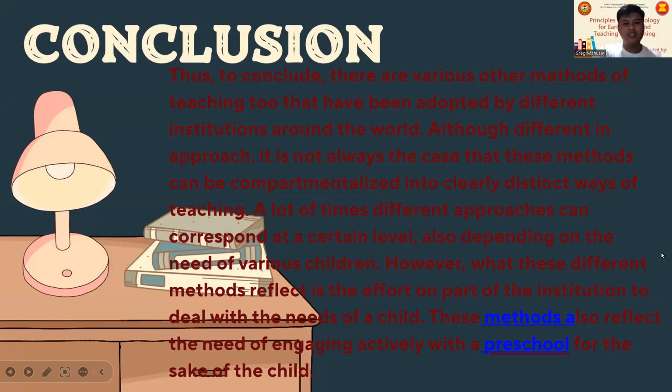A lot of times, different approaches can correspond at a certain level, also depending on the needs of various children. However, what these different methods reflect is the effort on the part of the institution or school to deal with the needs of a child, especially the teacher.